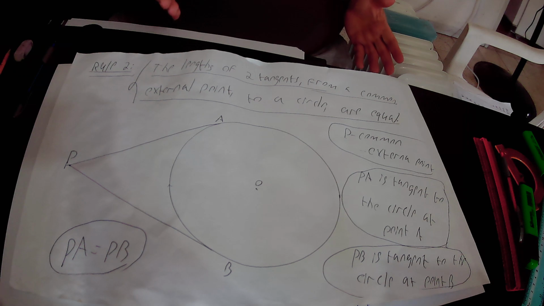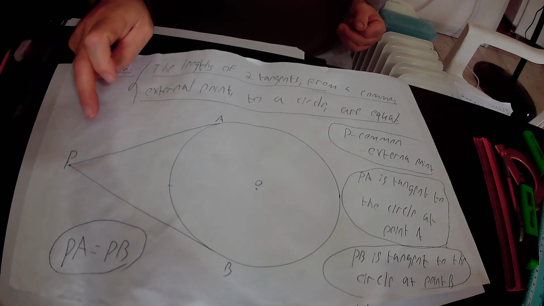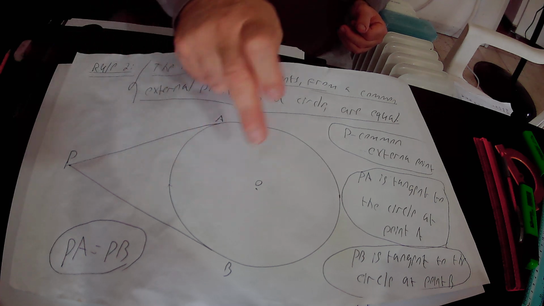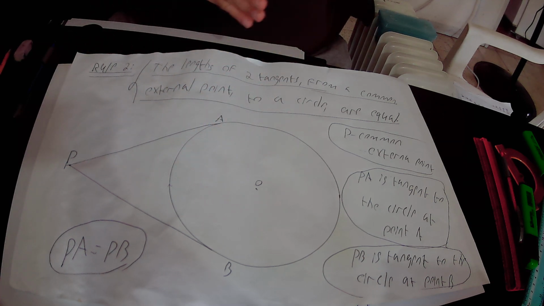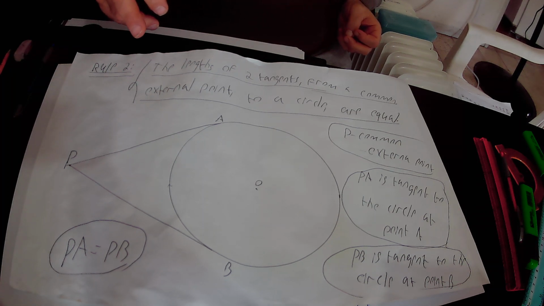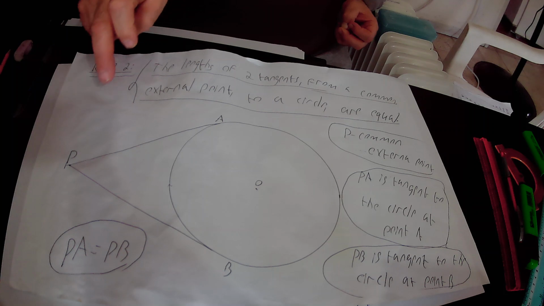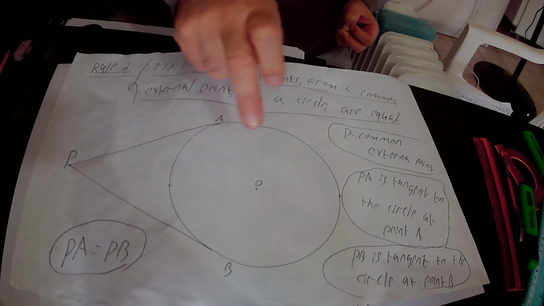And according to rule 2, the lengths of those two tangents are equal to each other. That is to say, PA equals PB. So whenever we have a circle and a common external point, and from the common external point you draw two tangents to the circle, then the lengths of those two tangents must be equal to each other. In this case, PA equals PB.